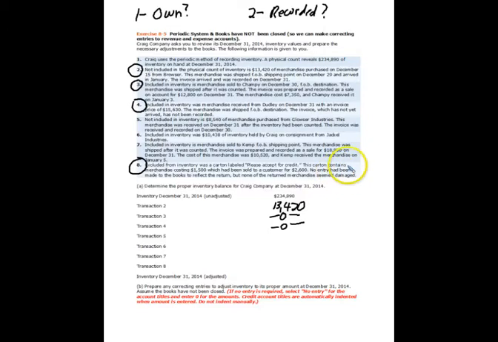Okay, so they set this aside, so they did not include it here in their ending inventory. So if goods have been returned, we want to put them back and sell them again, right? We want to put them back in our inventory and sell them again. So that should have been included there. And we also haven't recorded the sales returned.